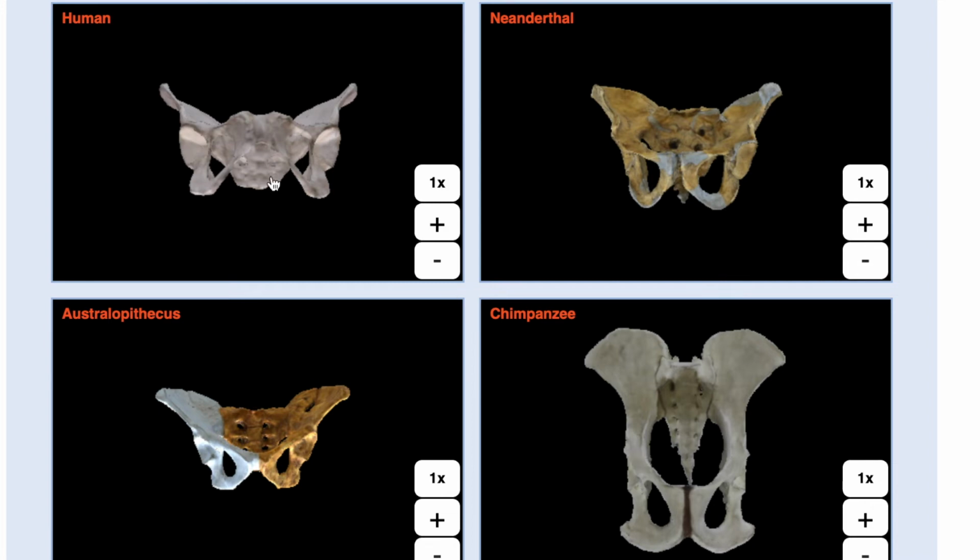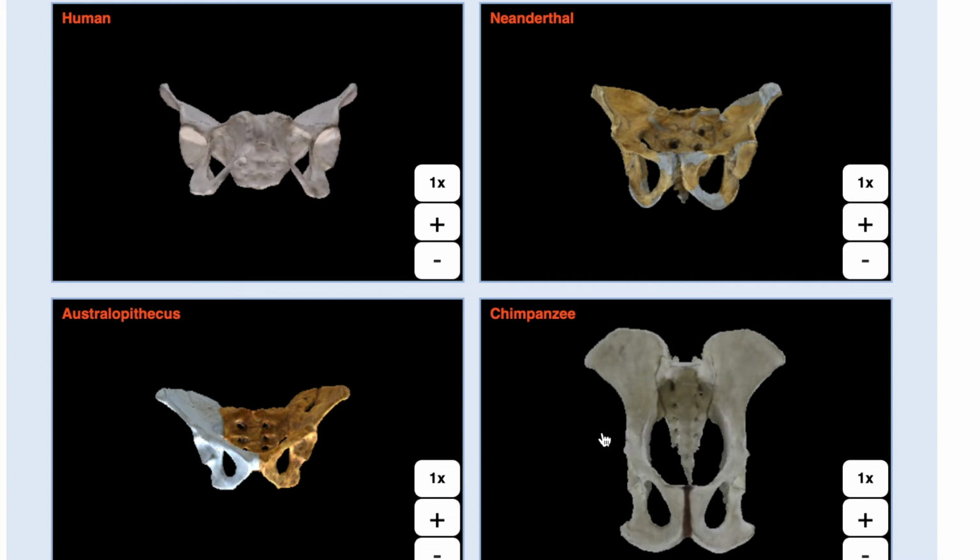So I want you to take a look again at the modern human and the chimpanzee. One of these species has a pelvis that is short and wide. The other has a pelvis that's tall and narrow. And the reason why this is an important characteristic is because having a short and wide pelvis is very helpful for walking bipedally, or walking on two legs, because it will hold up the internal organs while you're standing upright.